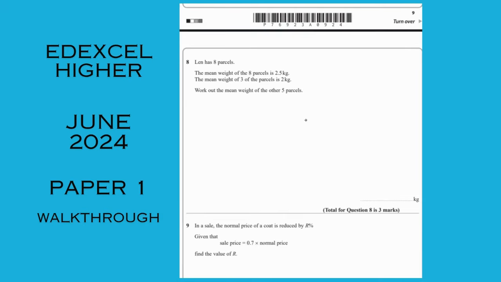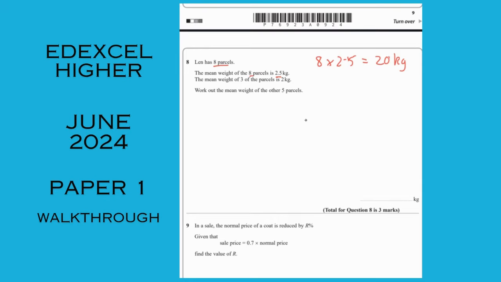Number 8. Weight of 8 parcels, but it tells you that the mean of them is 2.5. Well, 4 lots of 2.5 is 10. So 8 lots of 2.5 mean we have a total weight of 20 kilograms.